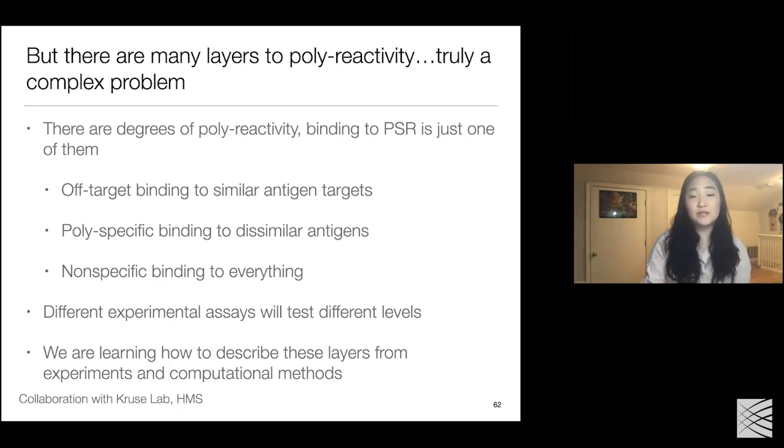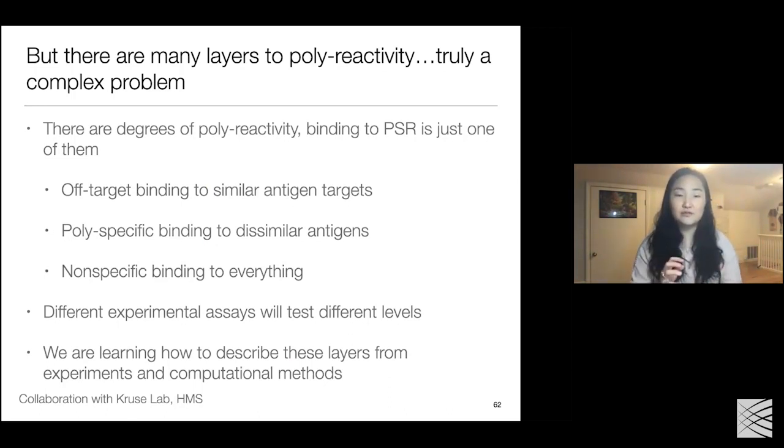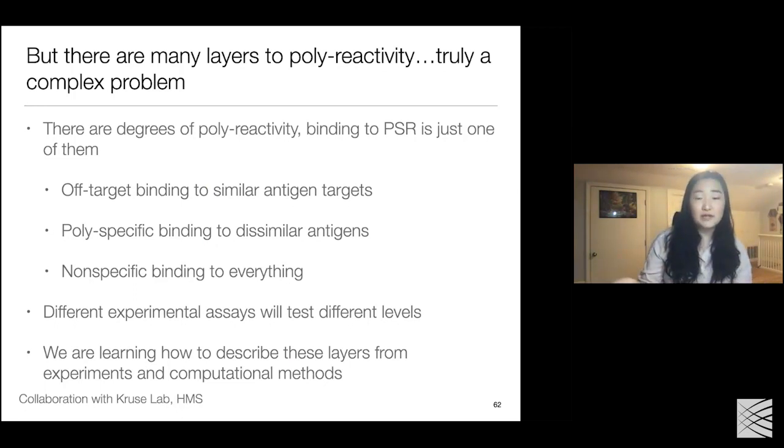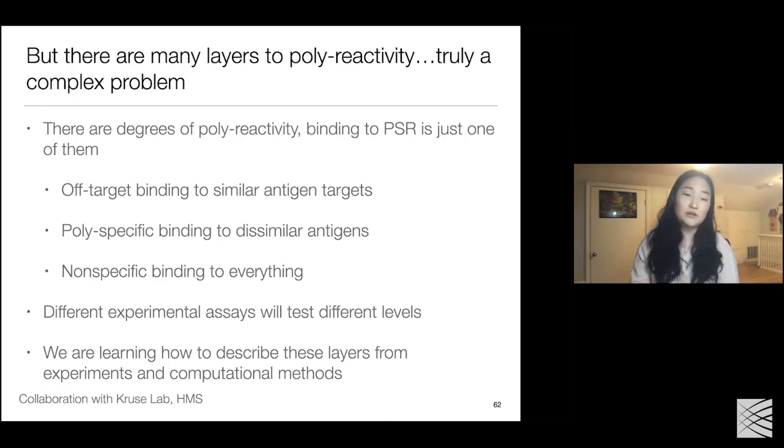Different experimental assays will test different levels. We're learning how to describe these different layers and how they compare, and how PSR binding compares to these different scales of polyreactivity, with some work that we are doing in collaboration with both the Cruise lab and the Ring lab at Yale. It will be really exciting to see how an in vitro experiment can be translated to potentially binding to many target antigens in the human proteome, for example.